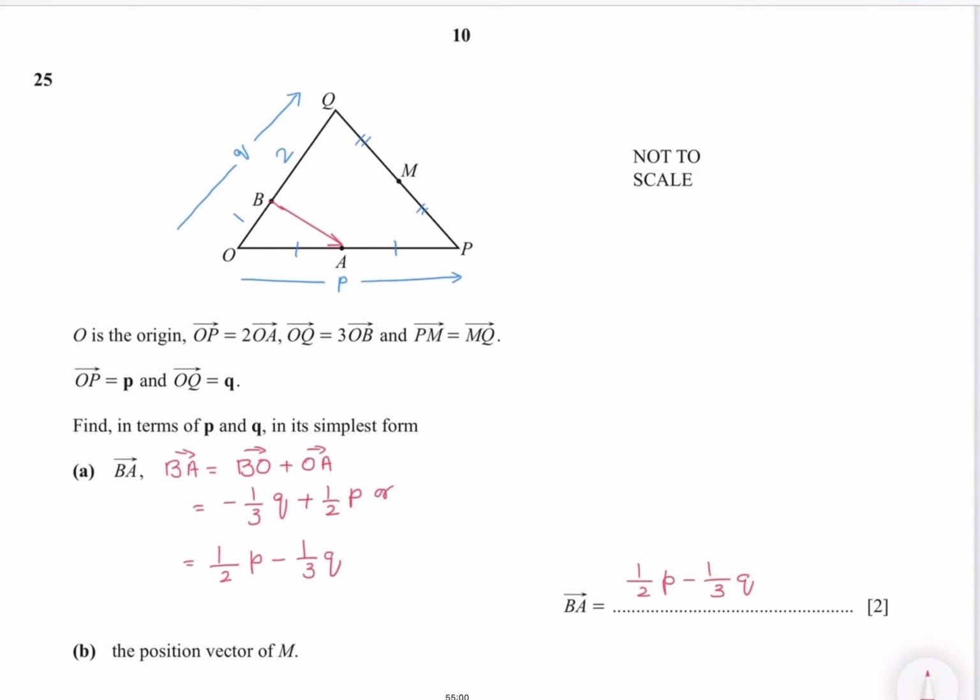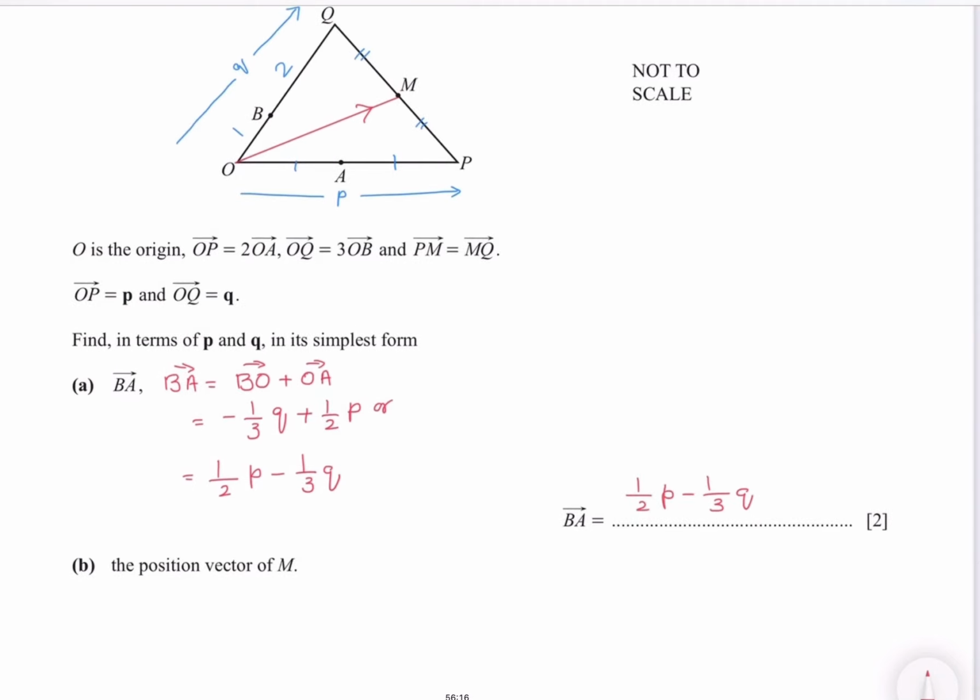Position vector of M. Position vector of M means OM. So you can write OM equals OQ plus QM. OQ is your Q, and for QM you find QP. So QP is OP minus OQ.